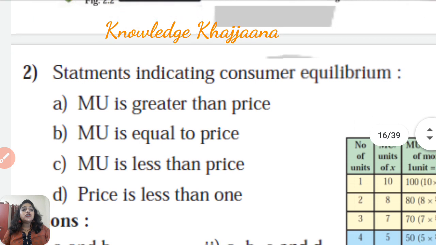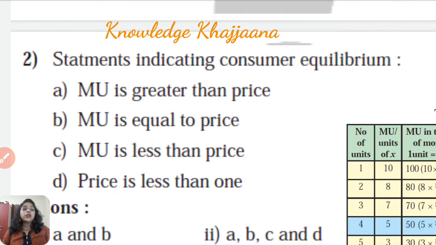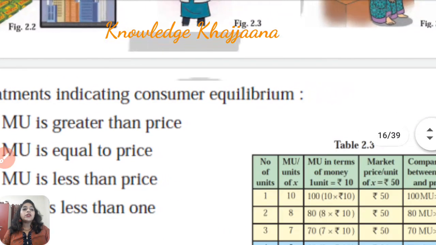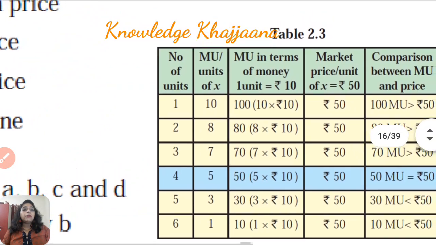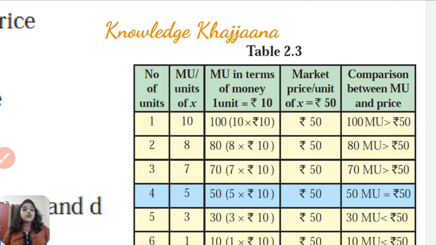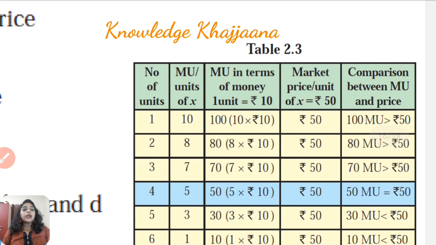Statements indicating consumer equilibrium. When consumer equilibrium is achieved, for this we have learnt this table. When the number of units consumed is 4 according to this table, and the marginal utility of the units is 5, then the marginal utility in terms of money per unit is rupees 10, then it becomes rupees 50, and the market price of that commodity is rupees 50.